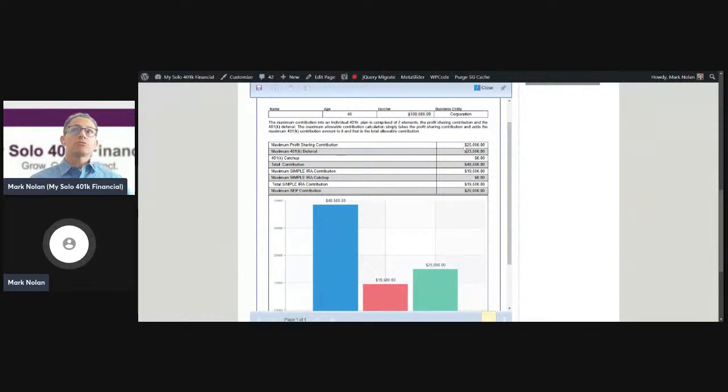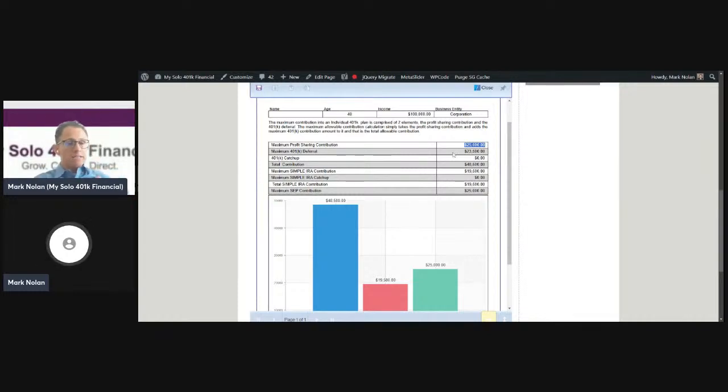That's how we get to $25,000. So you would apply that $25,000 as an employer Roth Solo 401k contribution. You would then deposit that directly into the Roth Solo 401k holding account, aka bank account or brokerage account.